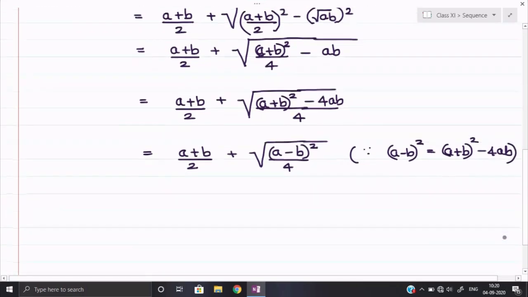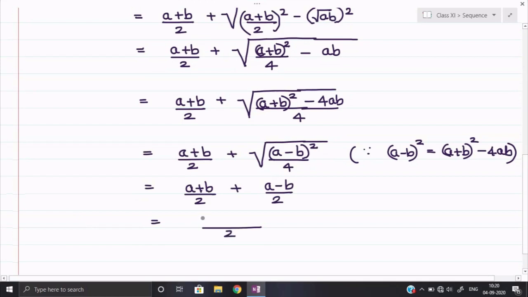Now if I try to find the square root of the second term, the first term I am writing as it is, (a plus b) upon 2, then this will be plus (a minus b) upon 2, because square and square root will cancel and 4 will become 2. Now if I take the LCM, it will be 2, and (a plus b) plus (a minus b) as it is.